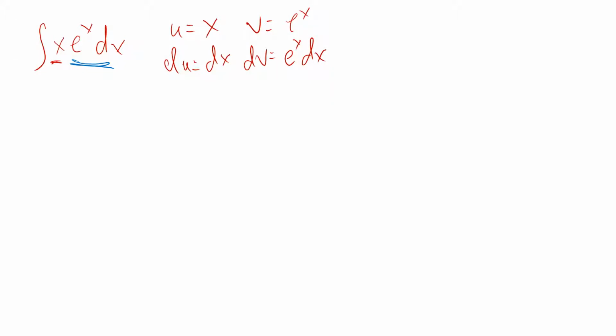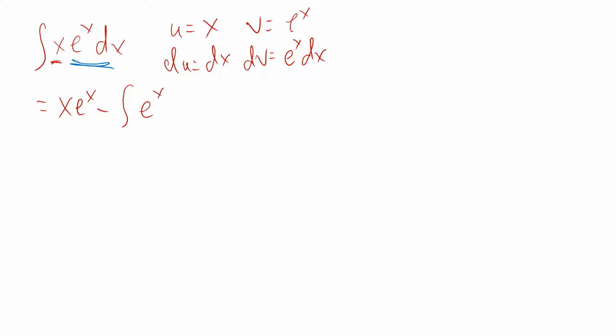There will be a plus c in here, but I wouldn't throw it in yet. Put it at the end of the answer. Don't worry about it in the u's and the v's. So now, if you remember, the equation is going to be u times v. That'll be x e to the x minus the antiderivative of v du.